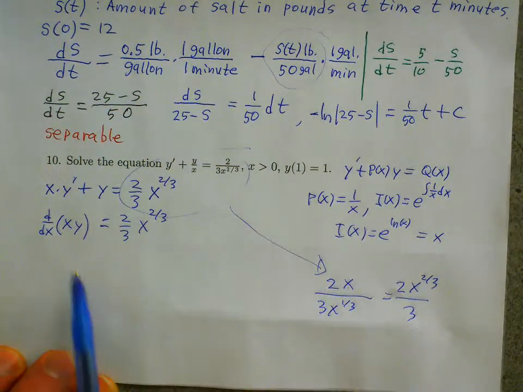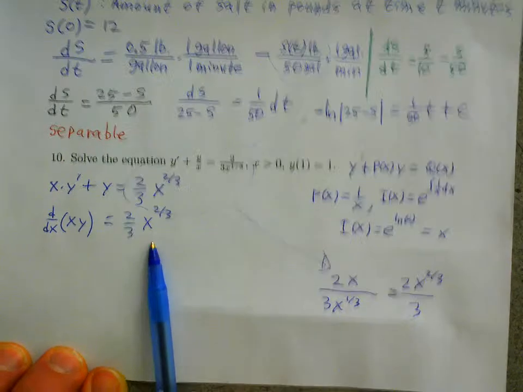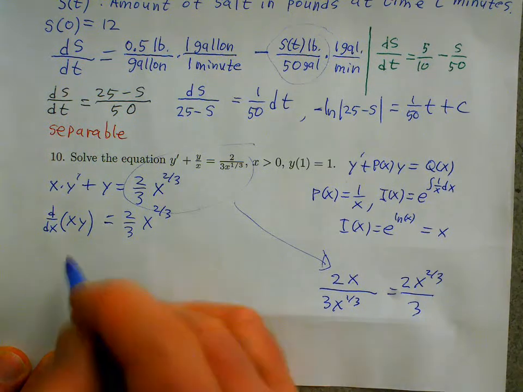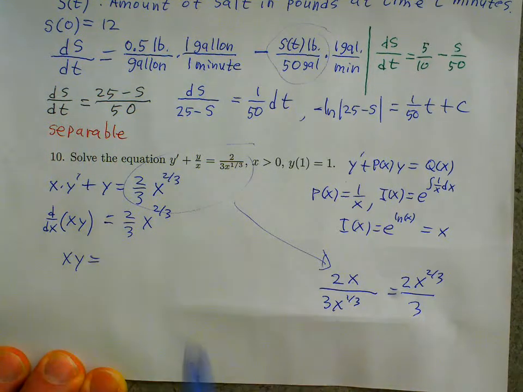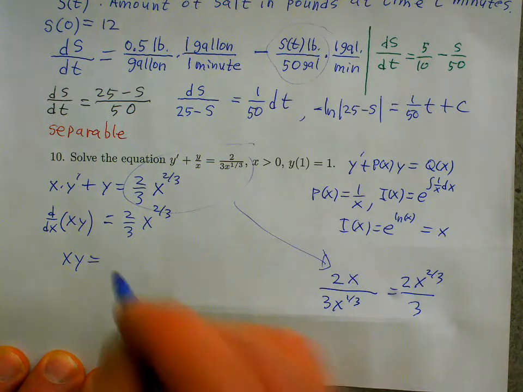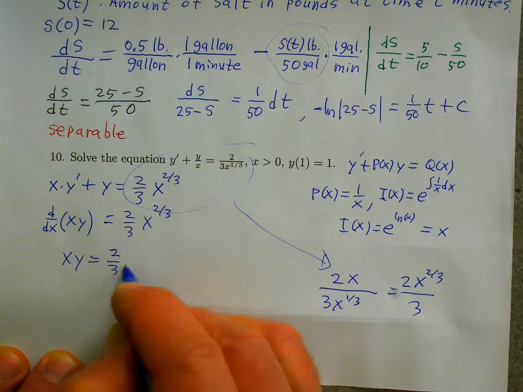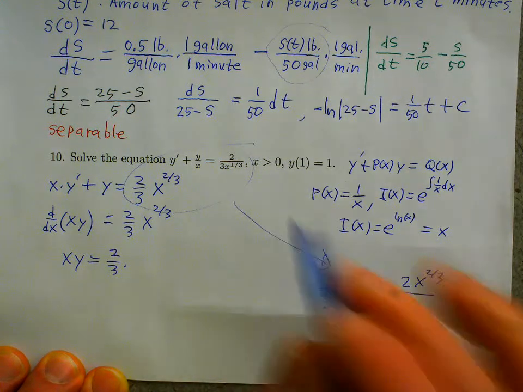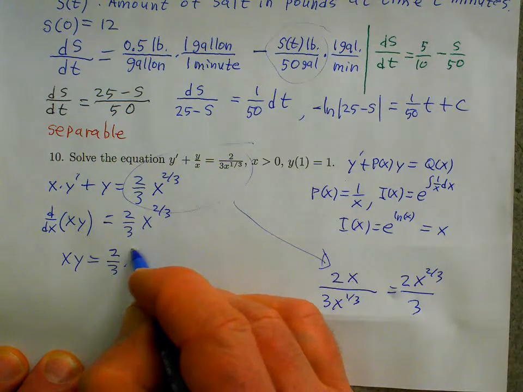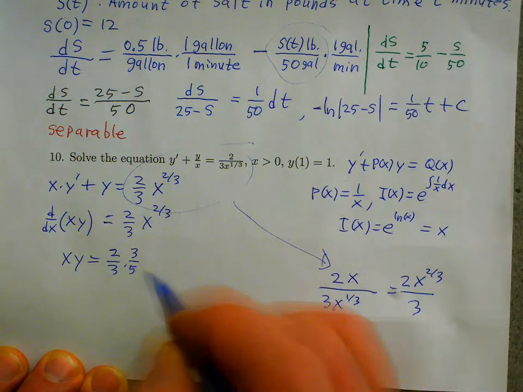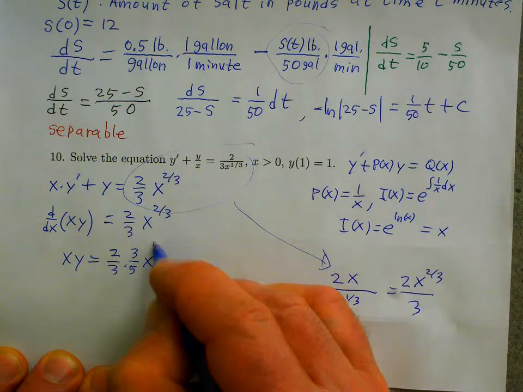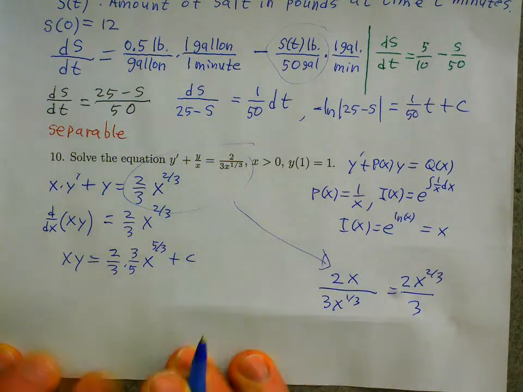So then we take the antiderivative of both sides. The antiderivative of the derivative of x times y is just x times y. And then an antiderivative of 2/3 times x to the 2/3 is 2/3 times x to the 5/3 divided by 5/3. But if we divide by 5/3, we multiply by 3/5. So we get 2/3 times 3/5 times x to the 5/3 plus a constant.